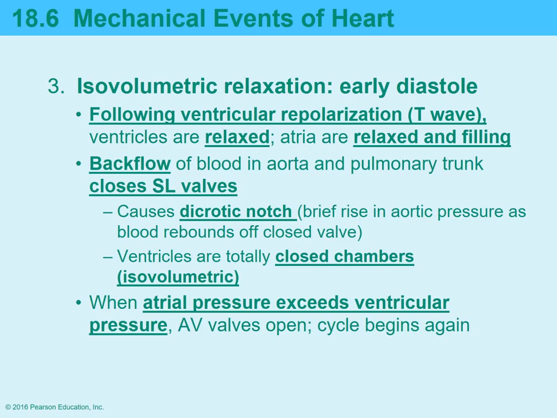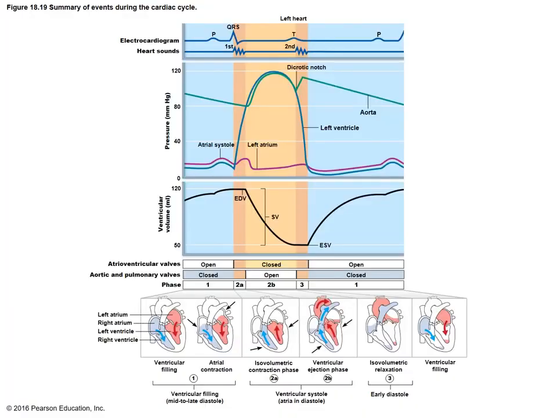The ventricles right now are totally closed chambers because now all 4 valves are initially closed. When the atrial pressure rises and exceeds that in the ventricles, it's going to force the AV valves to open. And then you start over again. Blood flows from the atrium down to the ventricles. And you just keep cycling through this process.